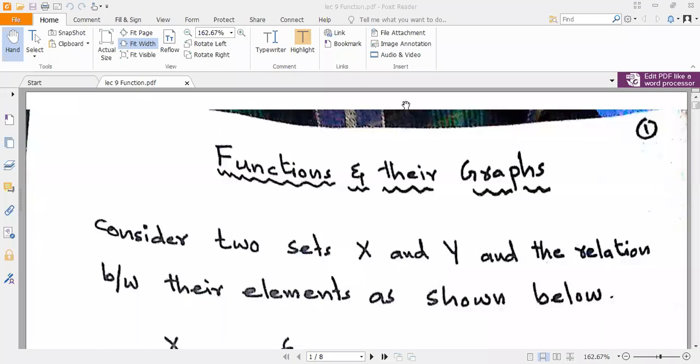If you take two sets A and B, then you write A cross B. A cross B means Cartesian product of A and B. Then all elements of A cross B are in ordered pair form. Your first element belongs to the first set, the second element belongs to the second set.